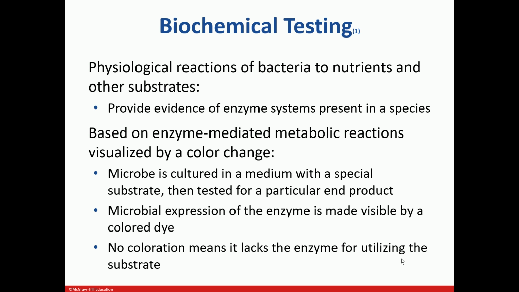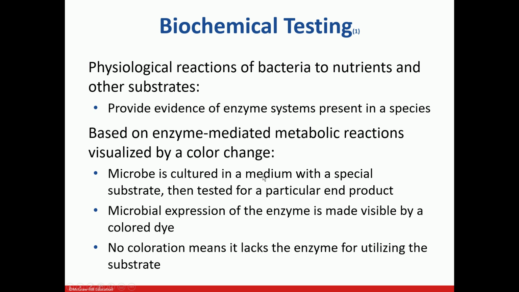Oxidase and catalase are both enzymes. If they are anaerobic and all these are negative, then we can say that this microorganism may be Veillonella. So this is the way we do the identifications.